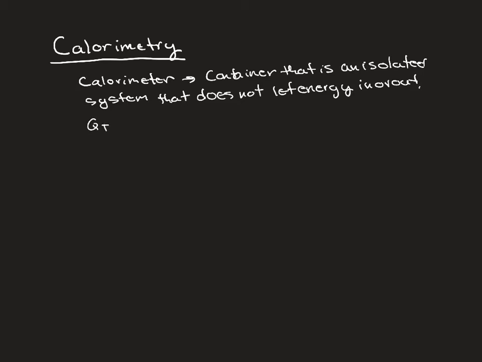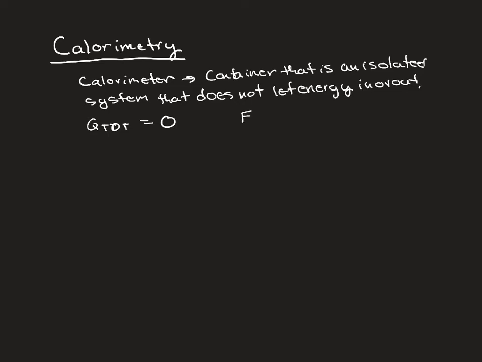That means that Q total is going to equal 0, because whenever you add the energy from the hot item to the energy gained by the cold item, they have to be equal and opposite to each other, so that when you sum them, you end up with 0.